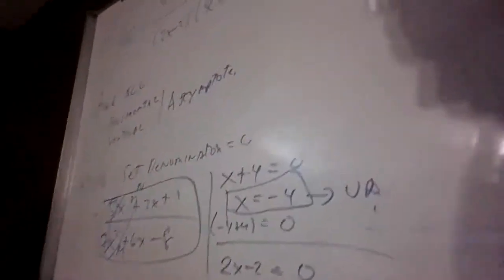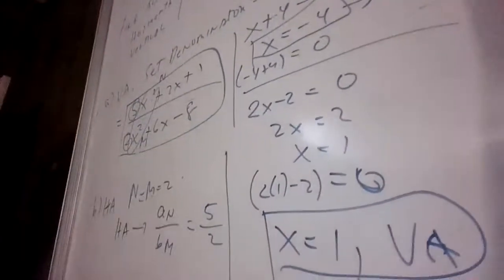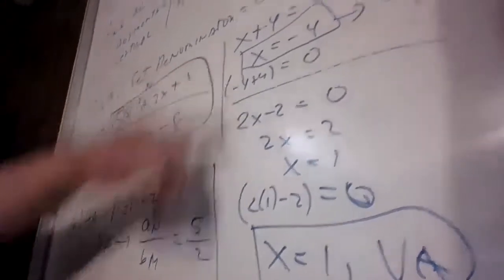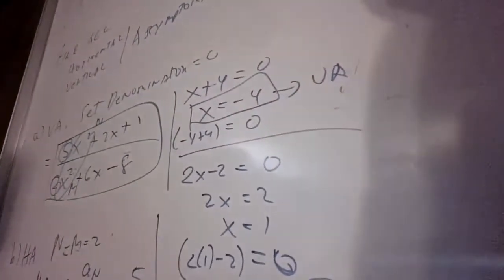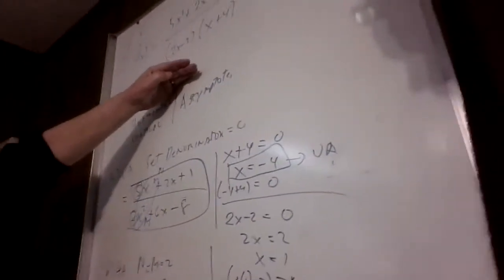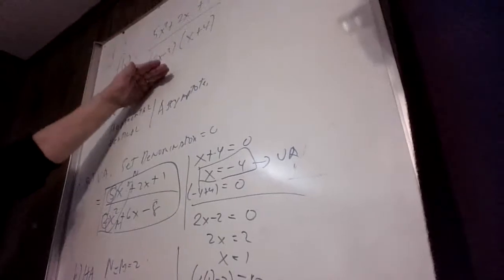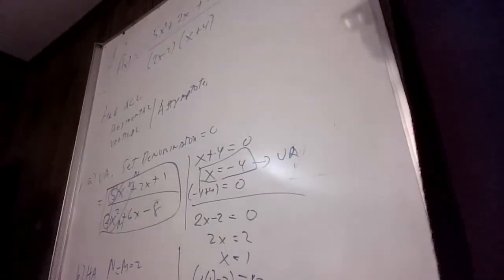So here I have two vertical asymptotes, x equals minus 4 and x equals 1, which is why you've got to keep this factored form here. What you could have done is set it equal to 0, and that would give you these two values. x equals 1 causes the denominator to be 0, going to an asymptote towards infinity. x equals minus 4 causes this term to be 0, causes the denominator to be 0, and you get another vertical asymptote.